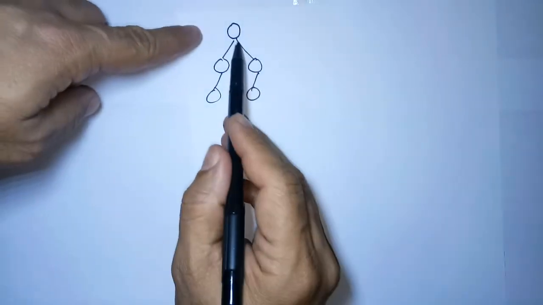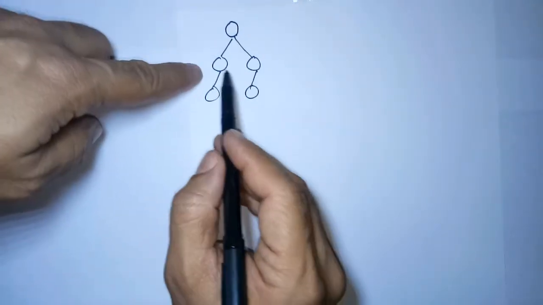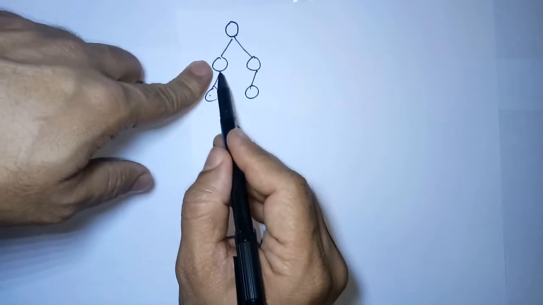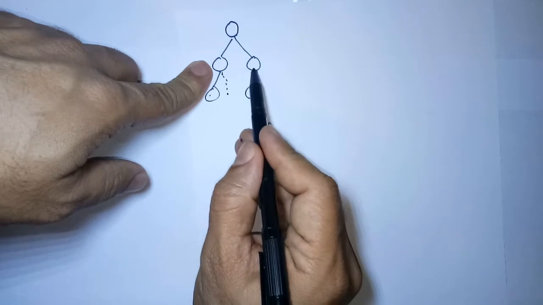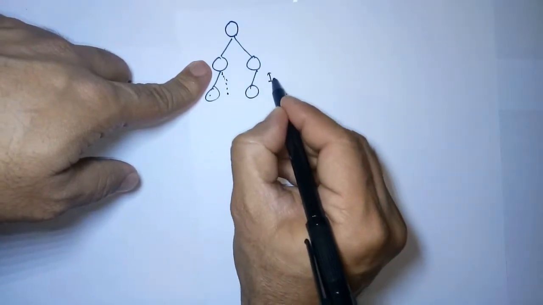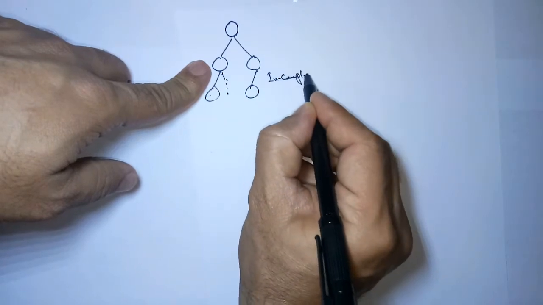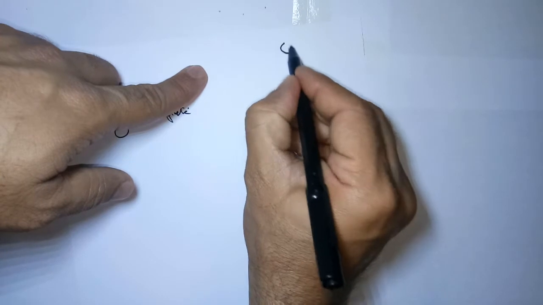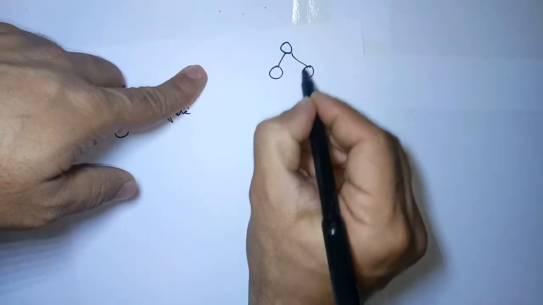You can see the root node has two children, fine, but the left node has one child and the second child is missing, and then the right node has a child. So it means there is a gap. So this is an incomplete binary tree, right? Incomplete. Fine.